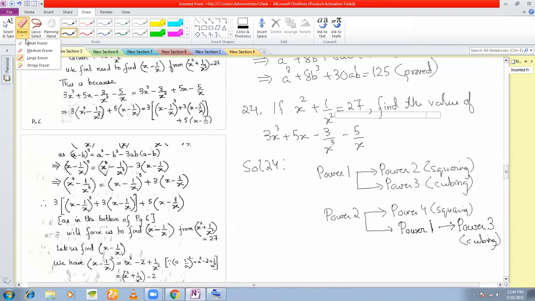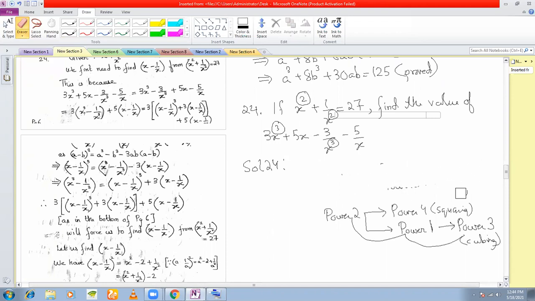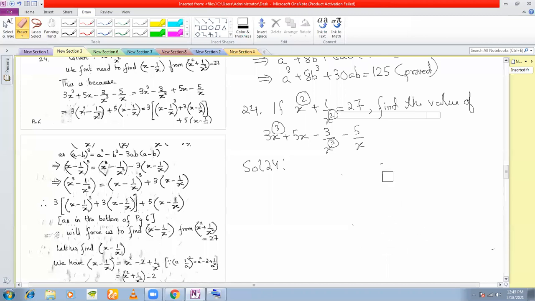Yes, sir. Now, if you see in this sum, the power 2 is given to you. But you need to find out power 3 here, right? And also power 1 is there. So once you know power 2, you can move to power 1 as well as you can move to power 3. So what you need to do here is, first of all, you need to arrange the powers. See, this is a mixture of power 1 and power 3.